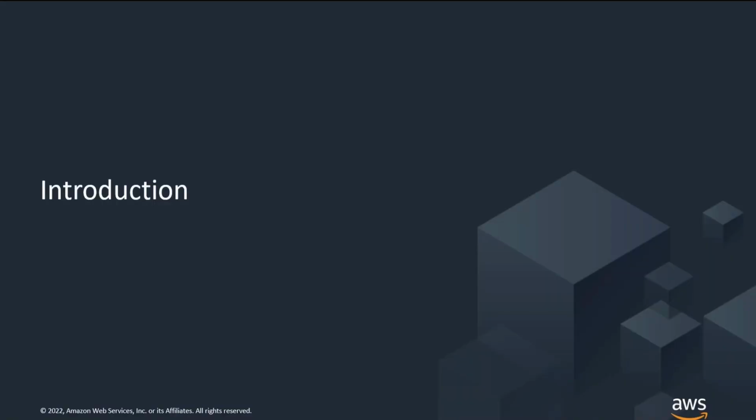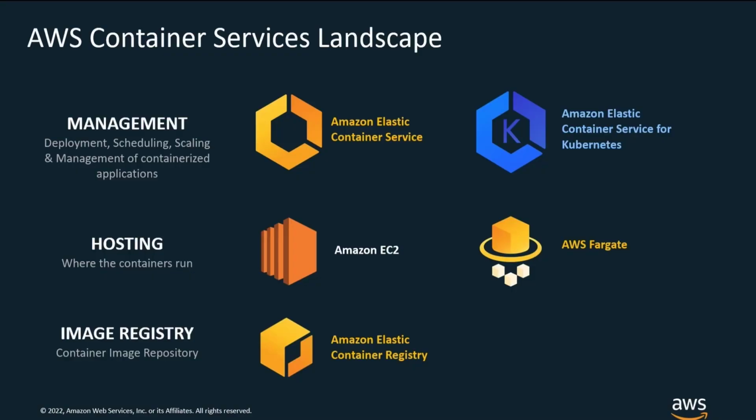With that out of the way, let's take a quick look at the AWS Container Services landscape. AWS offers the widest range of services for storing, managing, and running containers. This allows customers to choose the right AWS service for their workload, from small experiments to critical production applications. For container management, there is Amazon ECS and Amazon EKS.